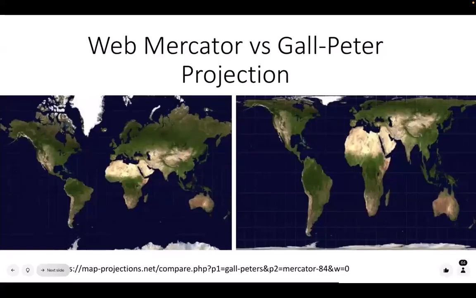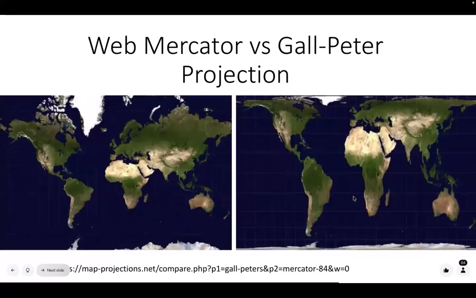The downside is that it significantly distorts the sizes, and this gets worse the further you move from the equator. Now, the most famous example is Greenland. On a Web Mercator map, it appears roughly the same size as Africa, when in reality, Africa is actually about 14 times larger than Greenland.